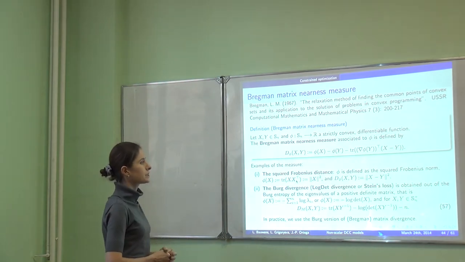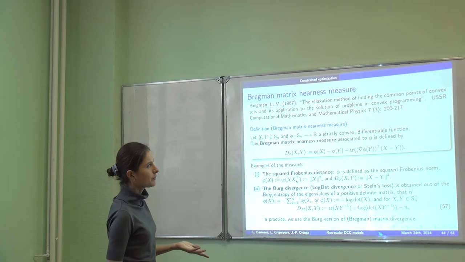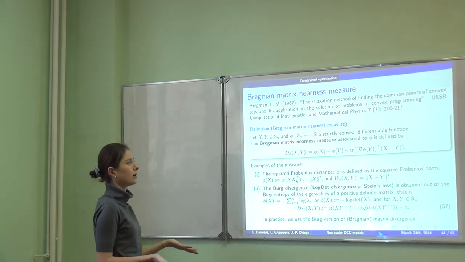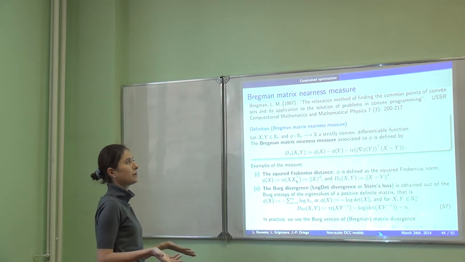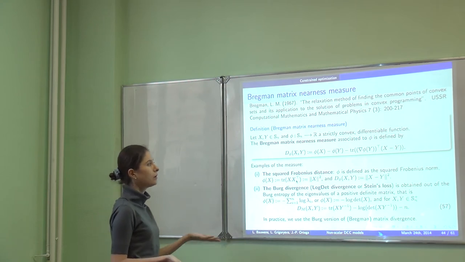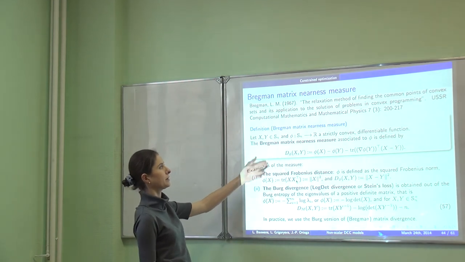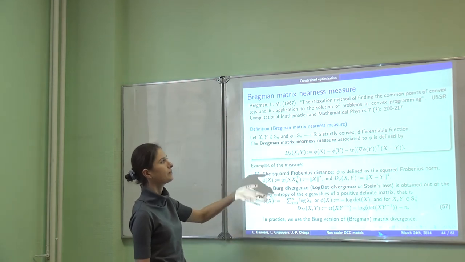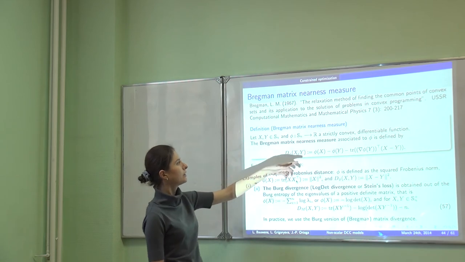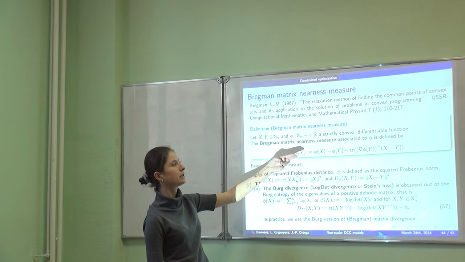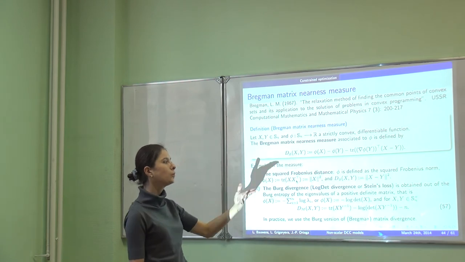the so-called Bregman divergence. What we have to keep in mind is that you can come up with many functions that can be called Bregman divergences. The general setup is going to be something like this. We have to keep in mind that our function is strictly convex and differentiable, and that this will give us the so-called Bregman matrix nearness measure. Why do we need this?